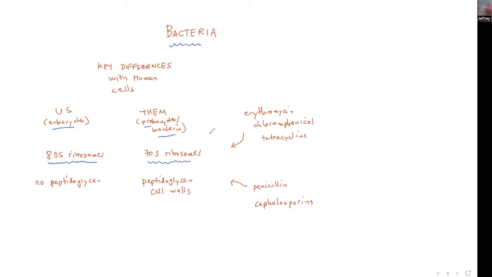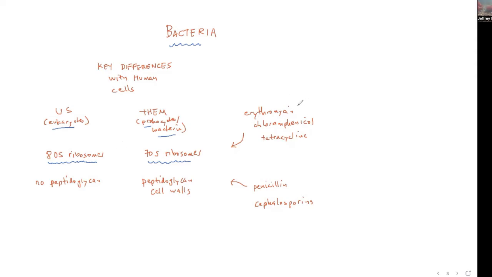They're really much smaller compared to the 80S ribosomes of eukaryotes, and being so structurally different from eukaryotic ribosomes, we can do things. We can put in poisons that will target ribosomes that are 70S, but have effectively no chance of harming 80S ribosome function, right?